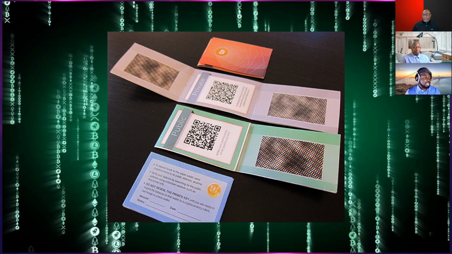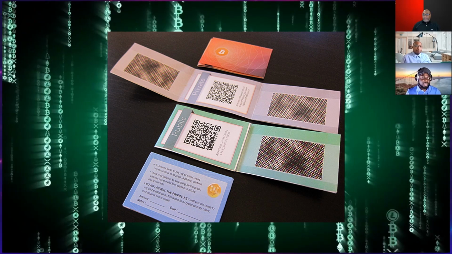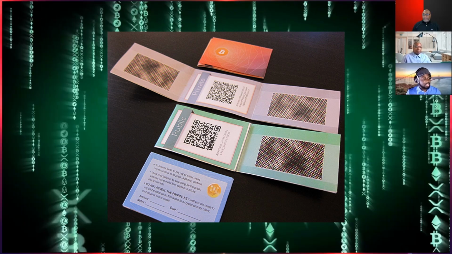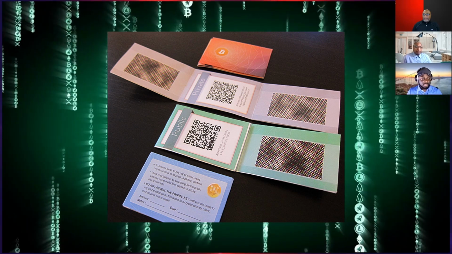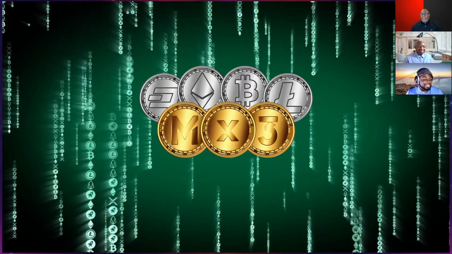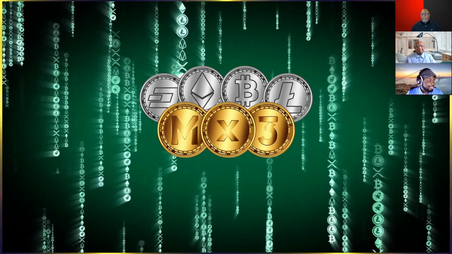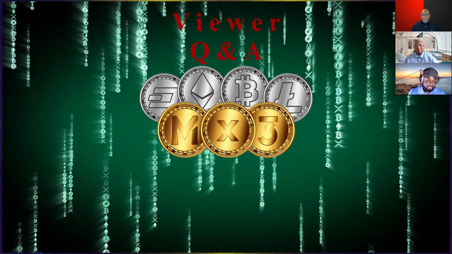Ever since hardware wallets swept the market, paper wallets have become, unfortunately, obsolete. There are different paper wallets that can be generated from websites if one still wants to use them, for example, bitcoin.com. All right, so let's go to our next segment with Mark, which is the Q&A segment.